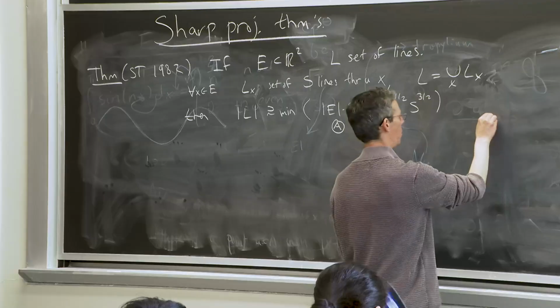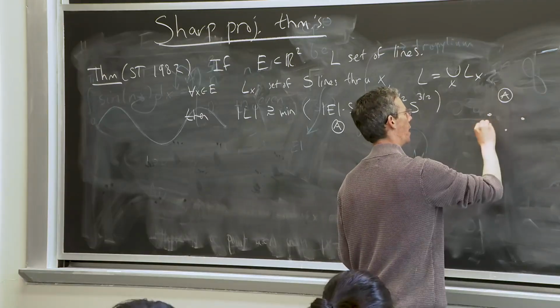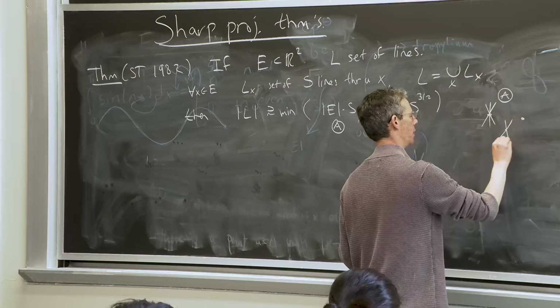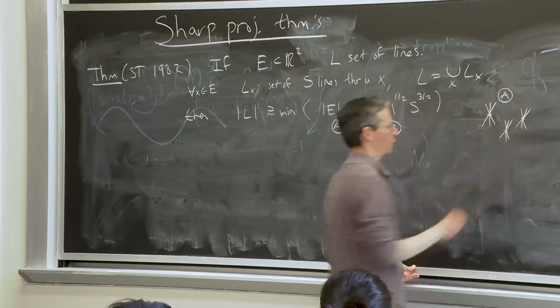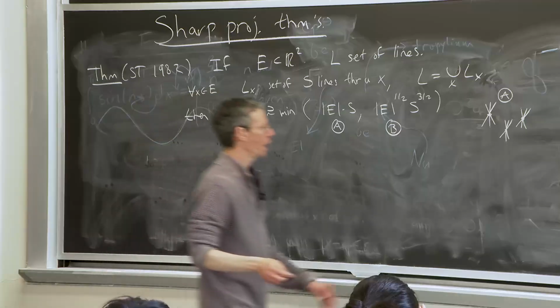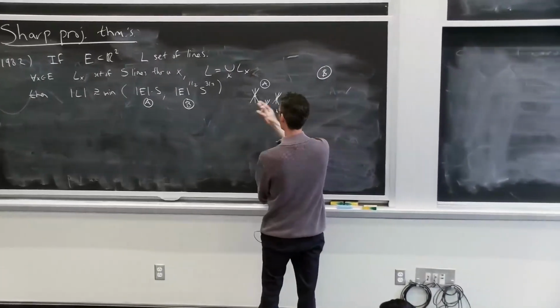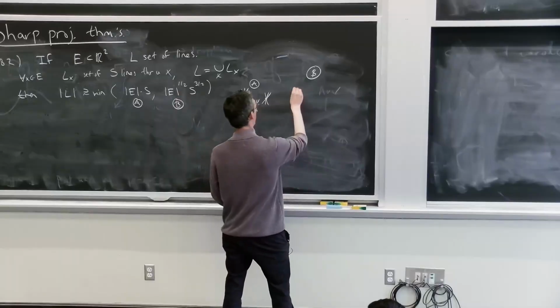I have a set E of points, and for each point, I have S lines through it. And they're just all different from each other, so I get |E| times S lines. Option B is more special, more remarkable, although not that complicated.